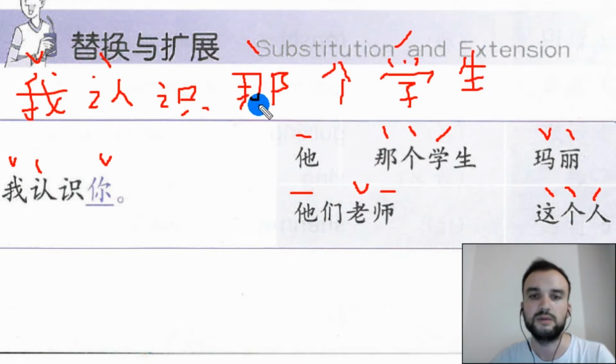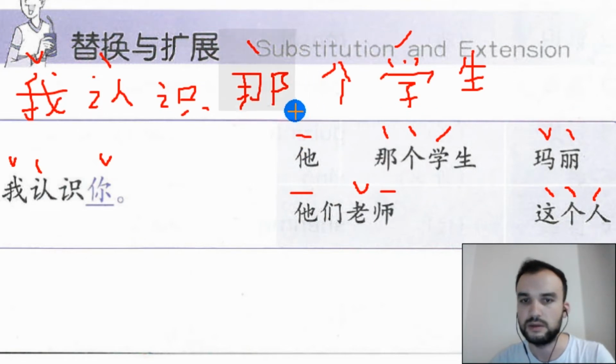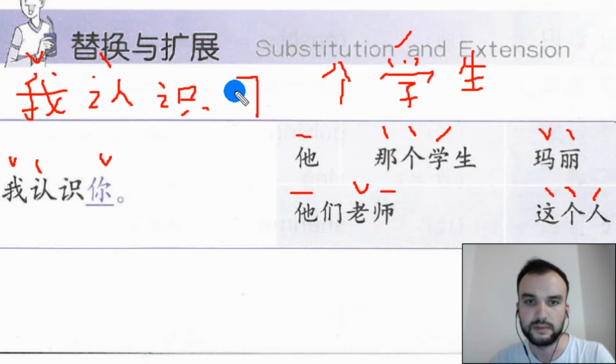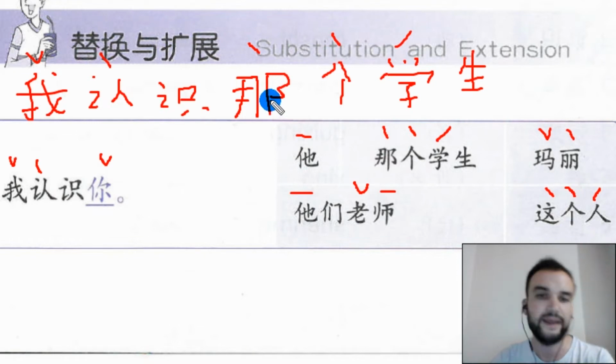I think now it's not good looking, and I will write this again. Okay, now it's better. Now, good.